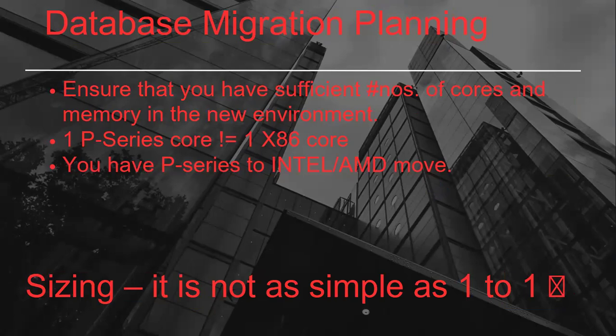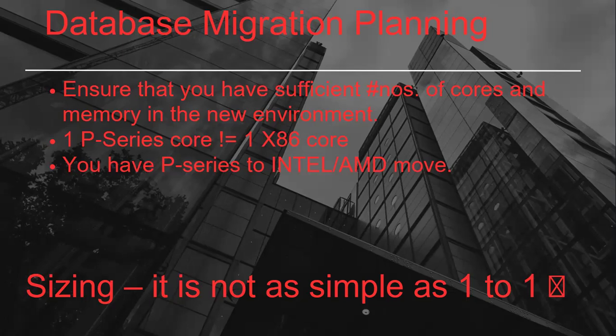It means, first of all, you need to ensure you have sufficient resources on the target as compared to the source. One P series core is not equivalent to one x86 core. It means we need many more resources in the target, because my P series AIX is a robust machine, a superhero machine. So what do we need to think about, because you are moving from P series to Intel or AMD processors.